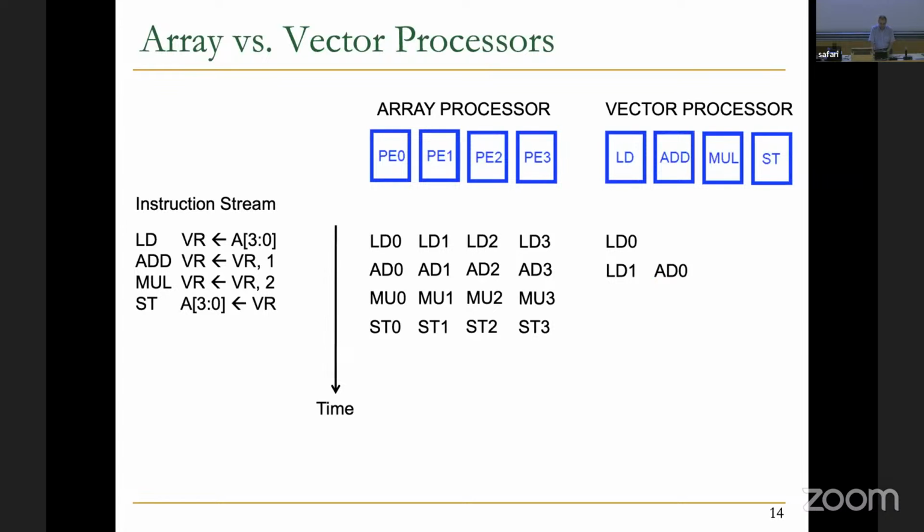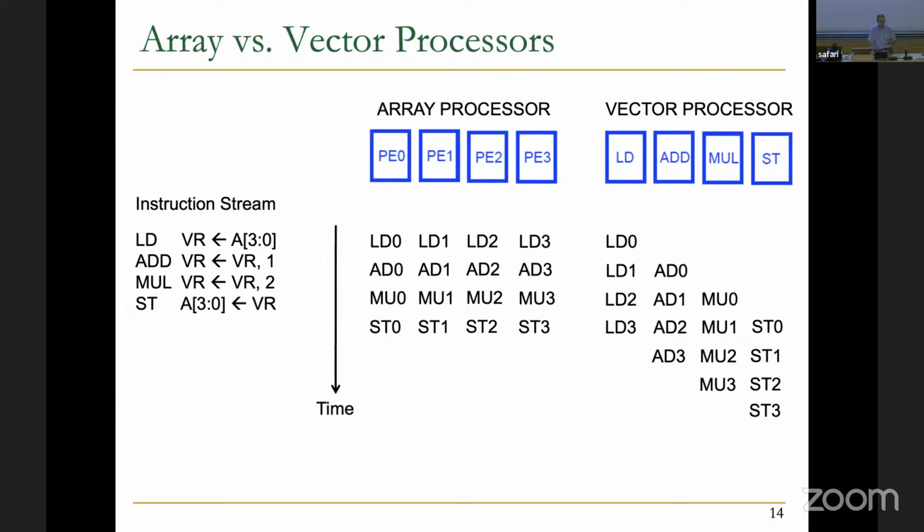In the second cycle, you do the load for the second element, and you do the addition for the first element that you have already read from memory, and so on and so forth. Then you do the load of the third element, the addition of the second, and also the multiplication of the first. You continue this pipelined execution until you're done.